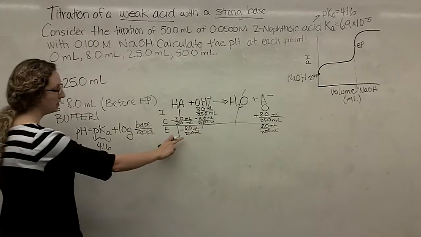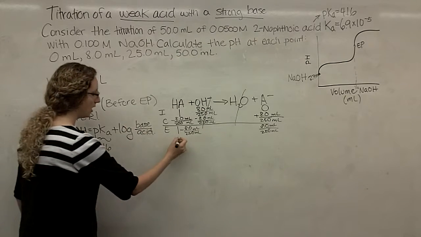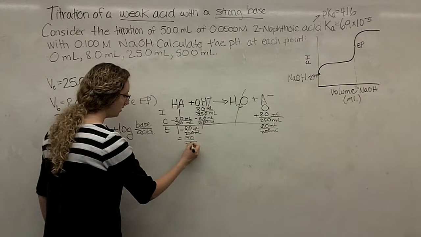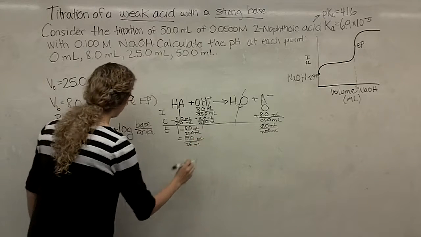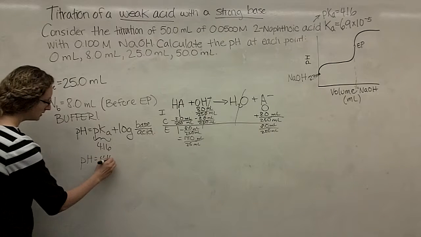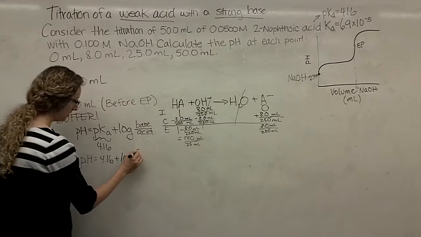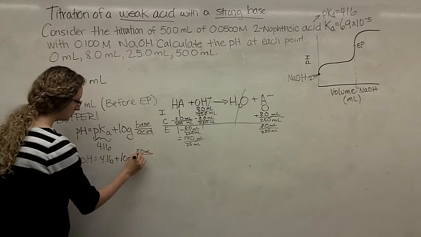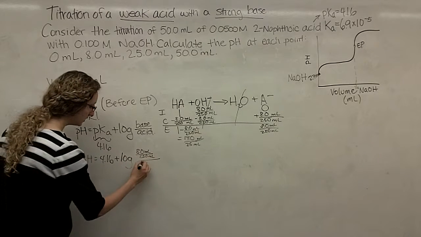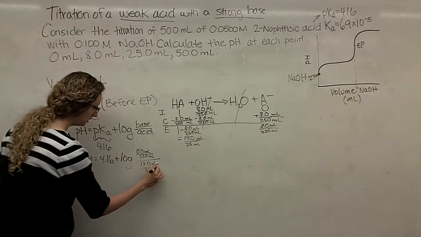Okay, so now this is your acid, this is your base. You can plug it into this equation here. The acid is also the same as 17.0 over 25 milliliters. So let's solve for this. pH equals 4.16 plus log of our base, 8.0 milliliters over 25 milliliters, all over 17.0 milliliters over 25.00 milliliters.